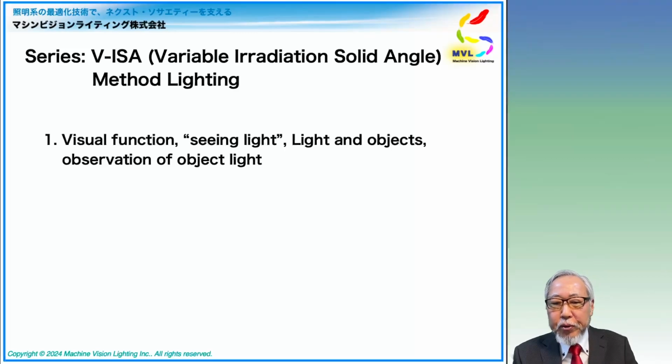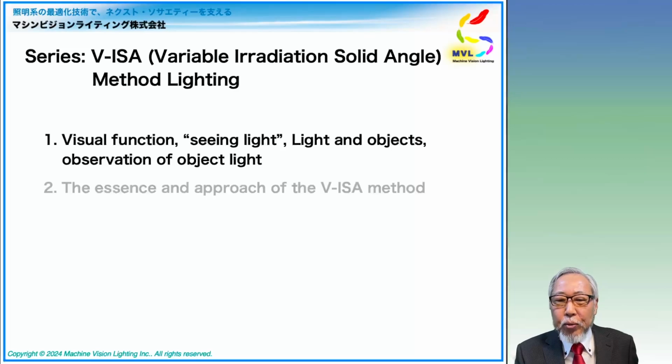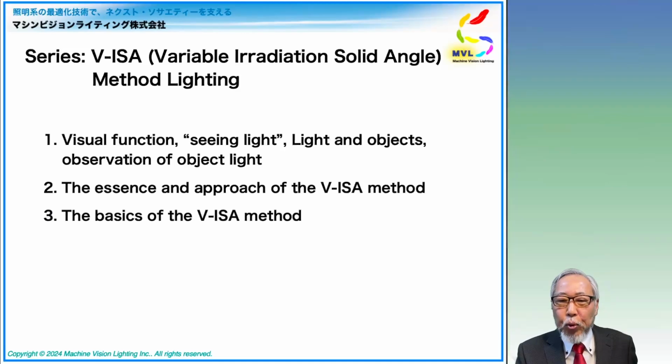In the first episode, I'm a little greedy, but I'll talk about visual function, seeing light, and then about light and objects and observation of object light. In the second episode, the essence and approach of the visa method. In the third episode, the basics of the visa method.